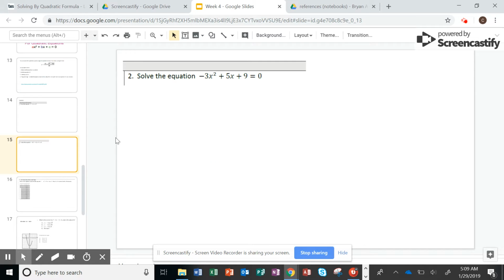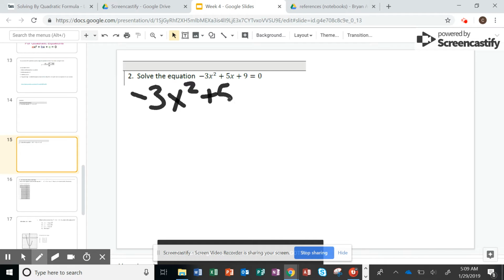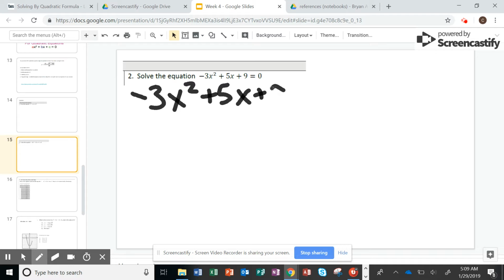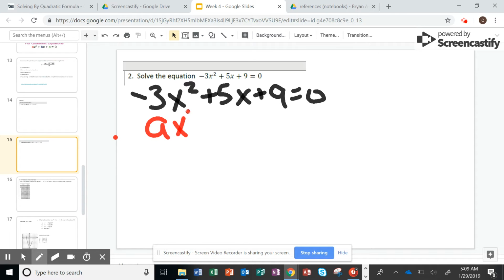Just because of the space that I need here and the markers are not that thin, I'm going to rewrite the question. Again, you do not need to rewrite it because you have some space there. But right above or below this equation, I want you guys to rewrite ax squared plus bx plus c is equal to 0, because remember, now we have to identify our a, b, and our c values.